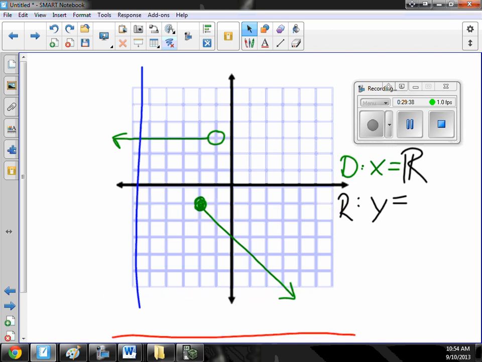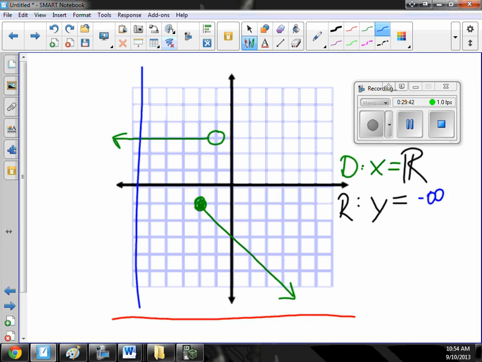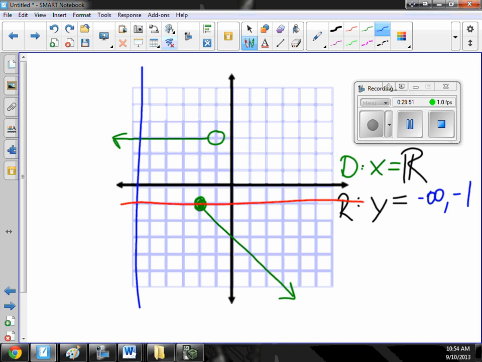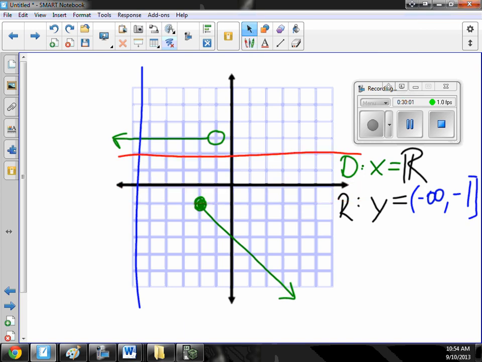All the way down to -infinity. So -infinity, comma, how high does this go? To -1. Do we include -infinity? So that gets parenthesis. Do we include -1? Bracket. Okay.